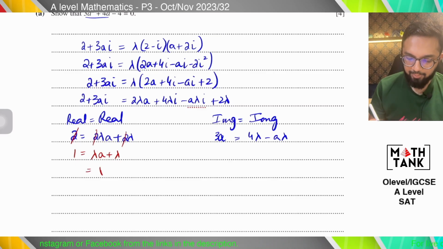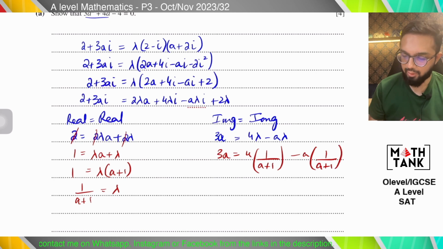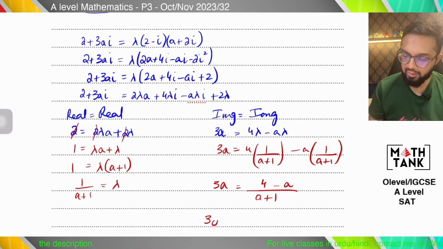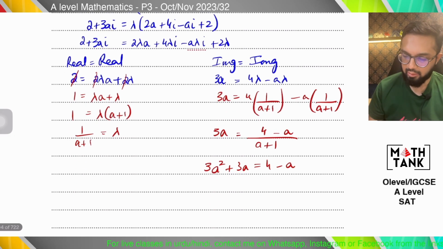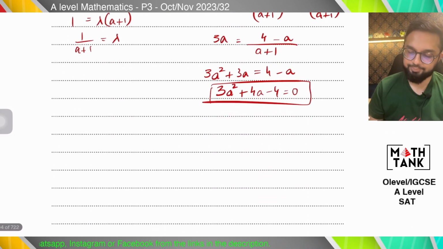I want to remove lambda and prove something in a, so there's a substitution involved: lambda equals 1 over a plus 1. Using that substitution, I get 4 minus a over a plus 1. Cross multiplying gives me 3a squared plus 3a equals 4 minus a, and that solves. That is what I wanted to prove in the question.